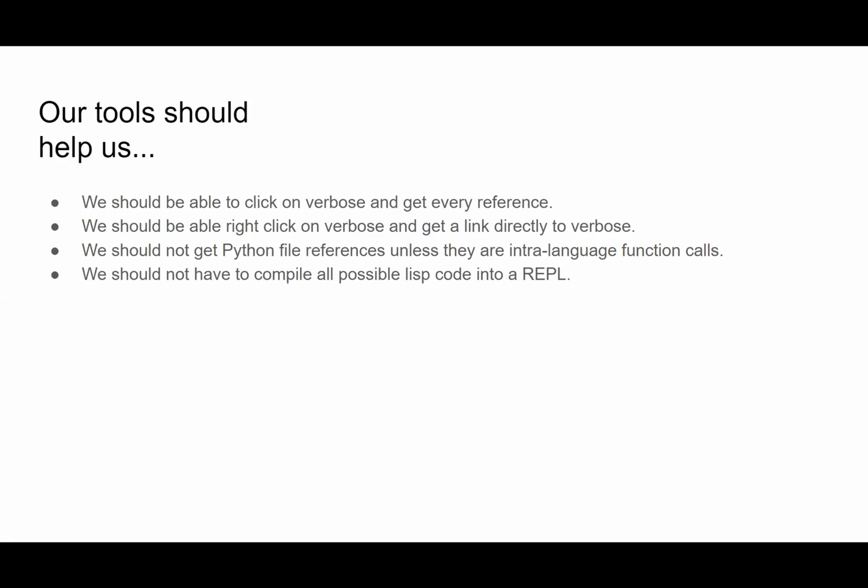Left-click, probably. We should not get any Python or Bazel or C++ reference, unless we want cross-references, and then it should tell us. We should get the actual Lisp function verbose calls. We should not have to compile all of our code into a REPL.